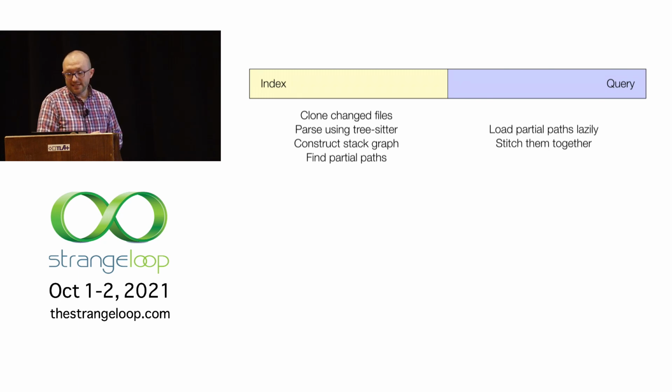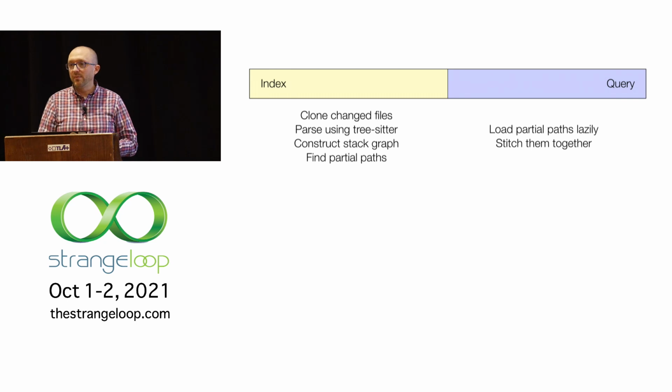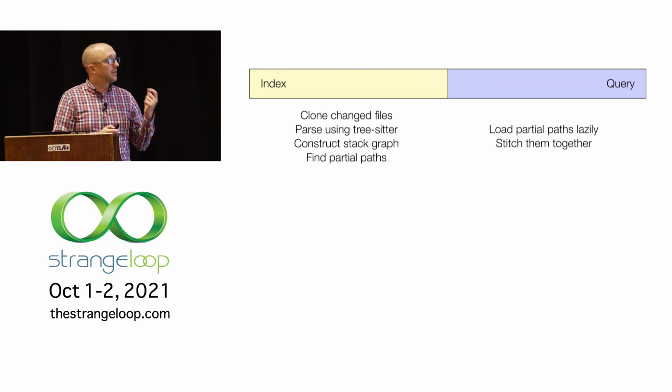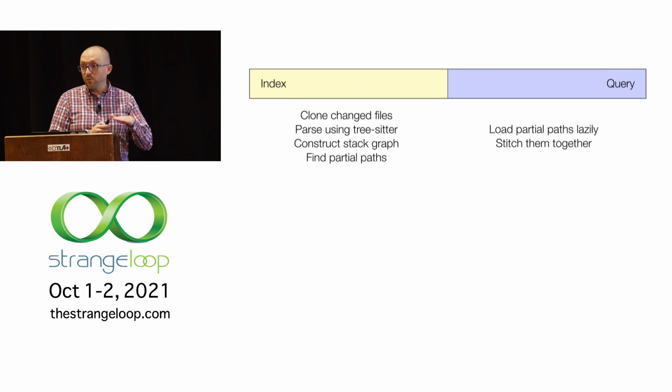And so I contend that that means that we have found the right balance between index time and query time. So at index time, a new push comes in, we clone the files that have been changed, we parse them using the Tree-sitter parser for that language. We construct the stack graph for that parsed content using the stack graph rules for that language. At that point, we are now done with all of the language-specific parts.